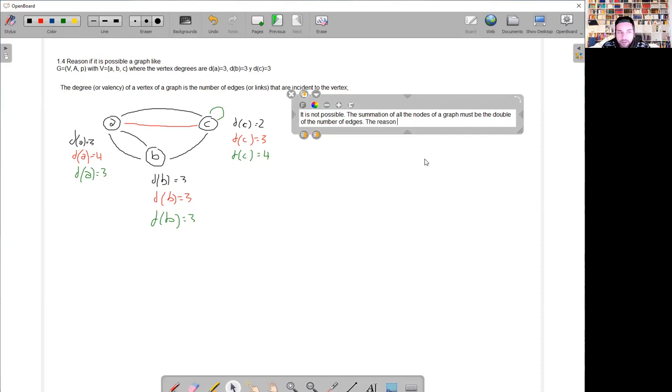The reason is that one edge contributes 1 unit to the total degree of each one of the vertices in its endpoints.